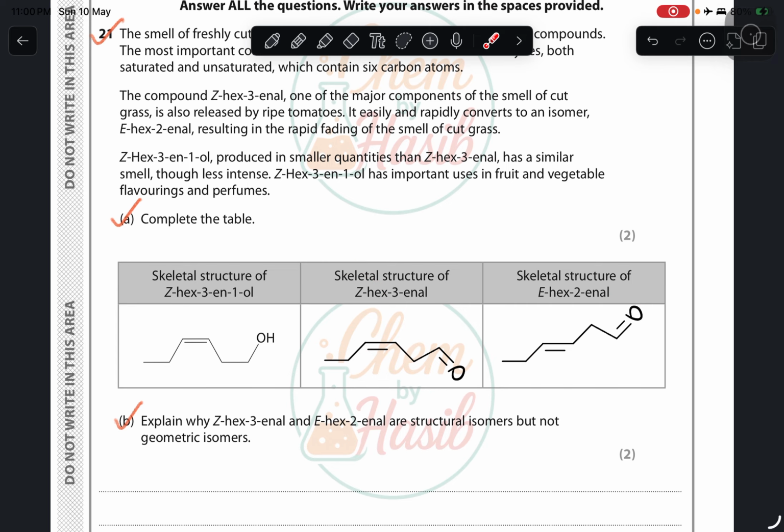Why are these two structural isomers but not geometric isomers? These are not geometric isomers because they have different structures. They have different structures because they have different positions of the carbon-carbon double bond. These two are isomers because they have the same molecular formula.